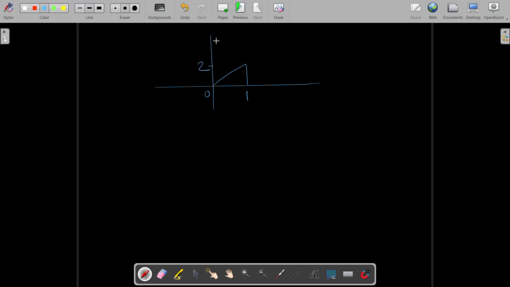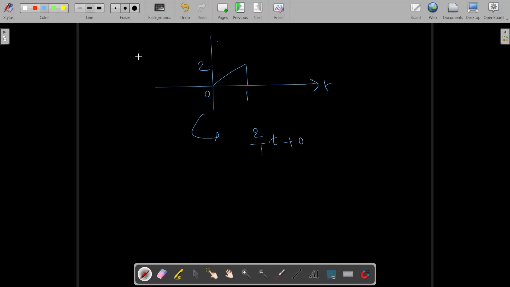So this is the part of signal x of t from 0 to 1. This can be easily written as follows. What is the slope here? The slope is nothing but change of y by change of x. So this is 2 by 1 into t, right? So what is the intercept we have? The intercept is going to be 0, right?